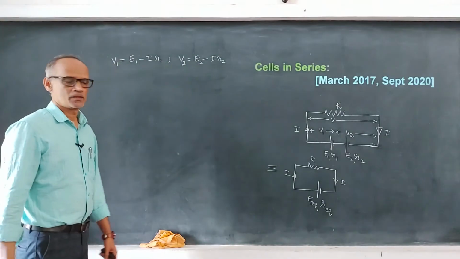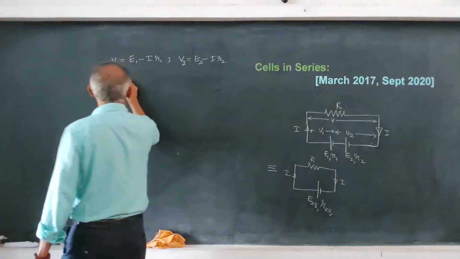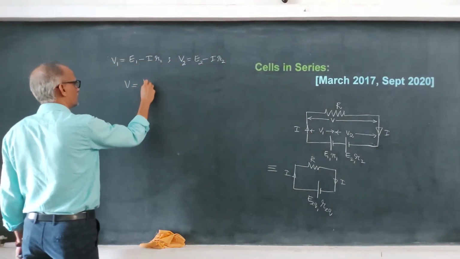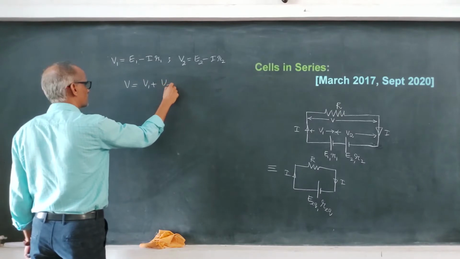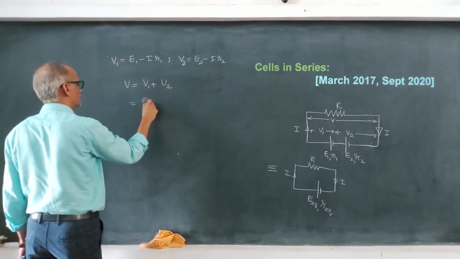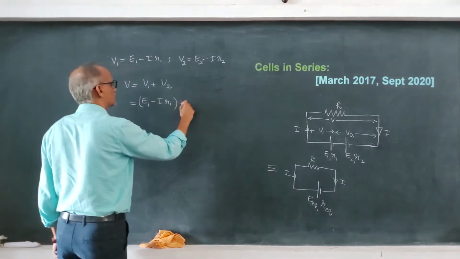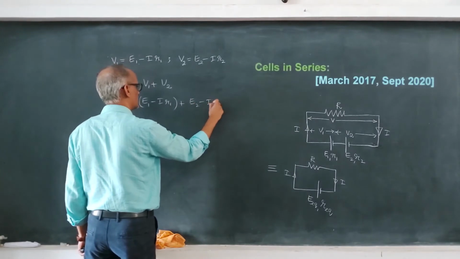Okay. So now what is the potential difference across the combination? V is given by the sum of the potential differences across each cell. So what is V1? V1 is here, E1 minus Ir1, plus E2 minus Ir2.